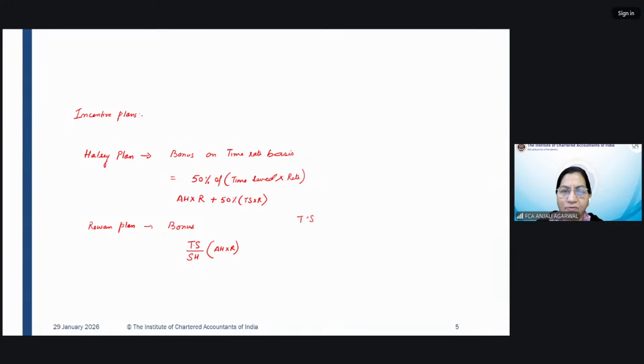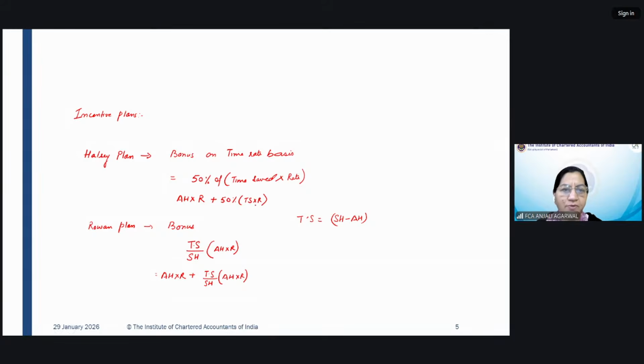Time saved is always equal to what should be the standard hours to do the job minus how much actual hours have been spent. So if this is positive, this is the time saved. So Rowan plan also says actual hours into hourly rate plus time saved on standard hours as a proportion will be applied to the actual wages he has earned on time rate.